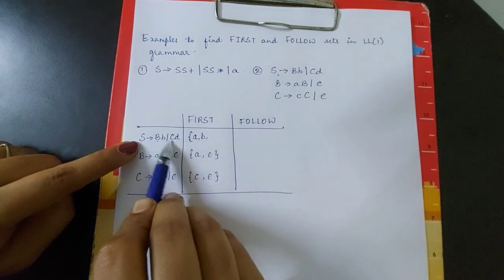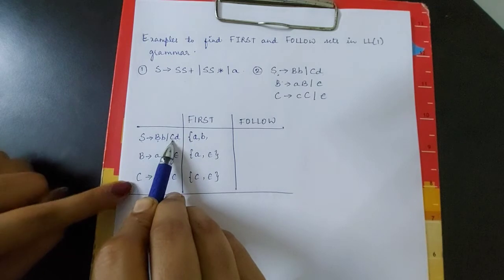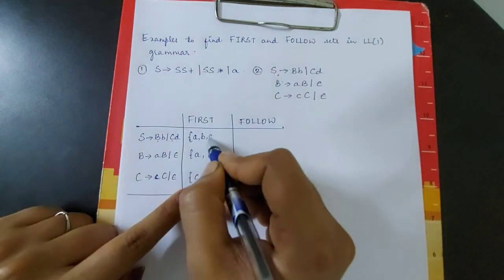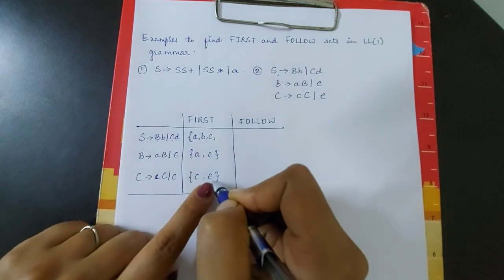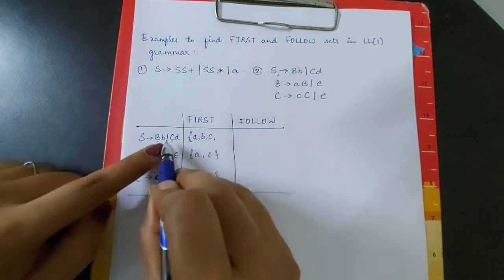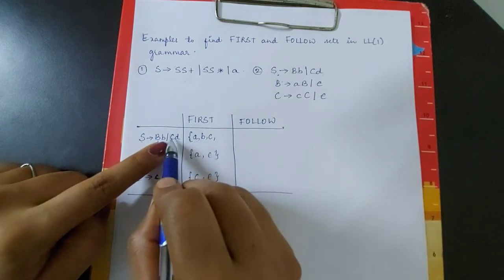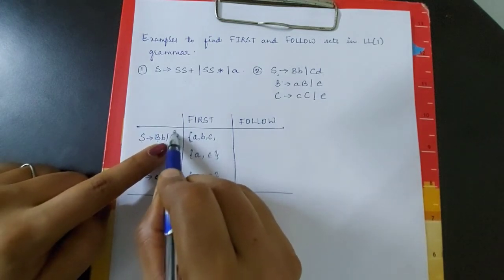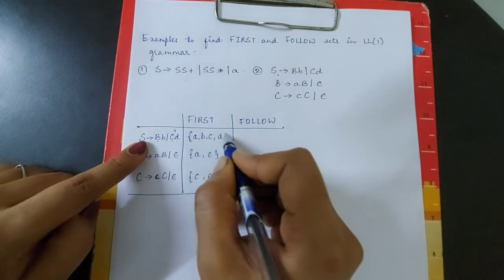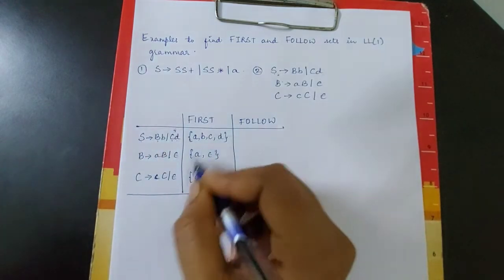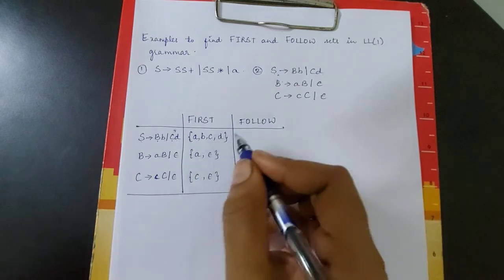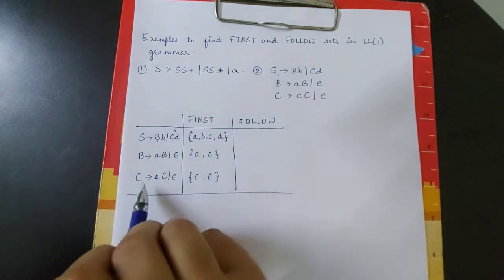First of S is first of C. What is first of C? C and this empty string. We should not write the empty string. We need to substitute it over here. So when I substitute it, I will get only D. So that thing I'll write. So these sets form the first set for these productions.